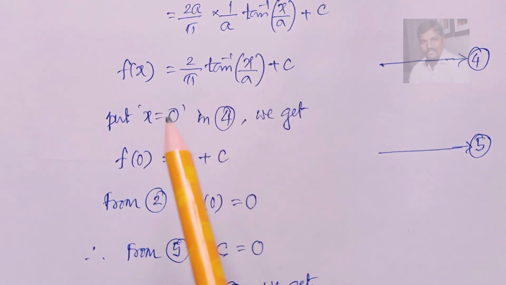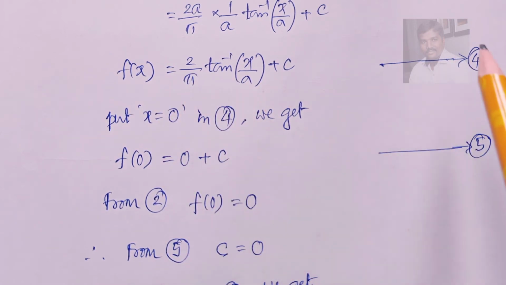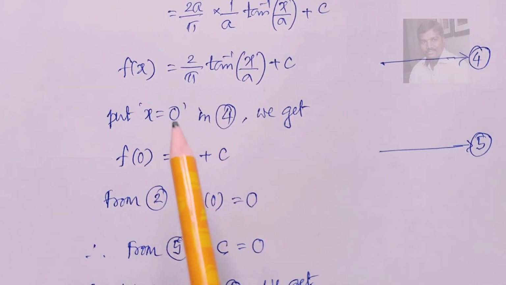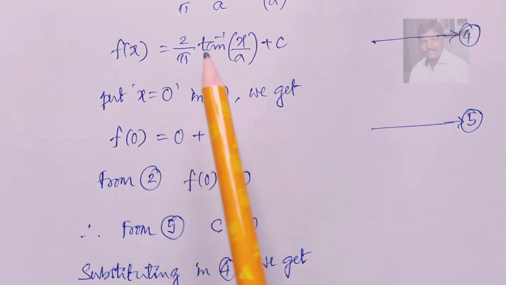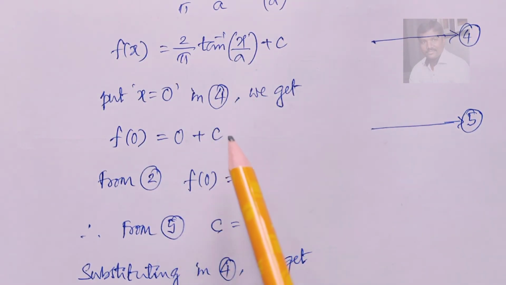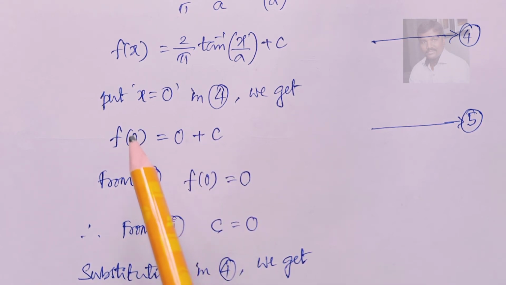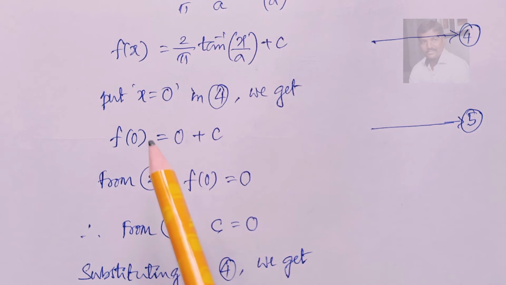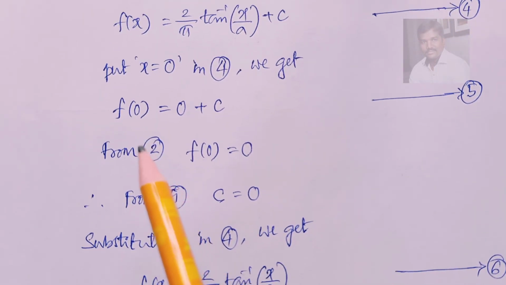So put x is equal to 0 to find the c. We put x is equal to 0 in this equation number 4. Put x is equal to 0 in 4, we get f of 0 on the LHS, and here tan inverse 0 is 0 plus c. Now what is f of 0? We know what f of x is from equation 2.